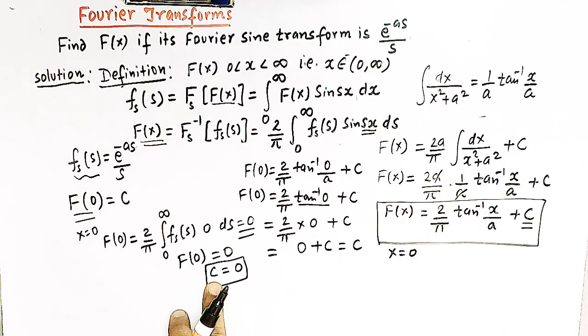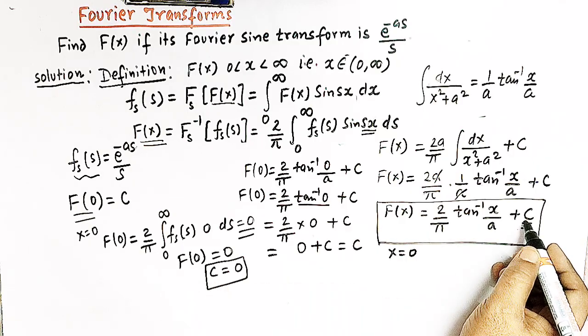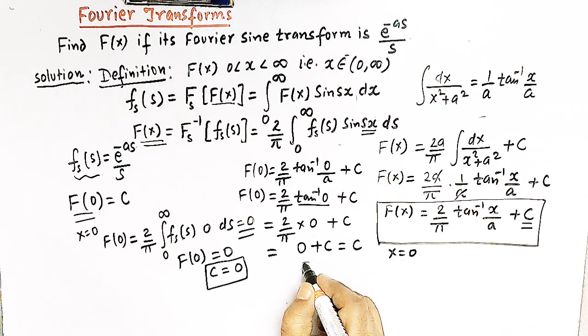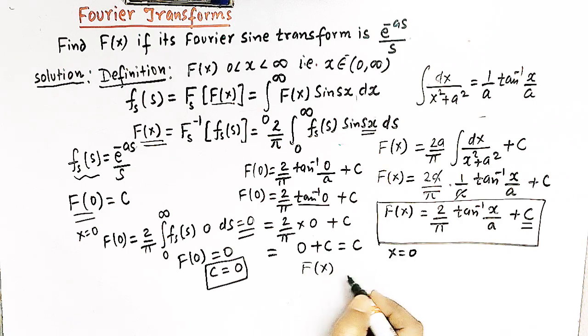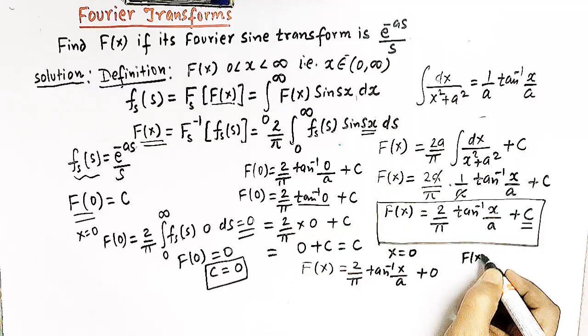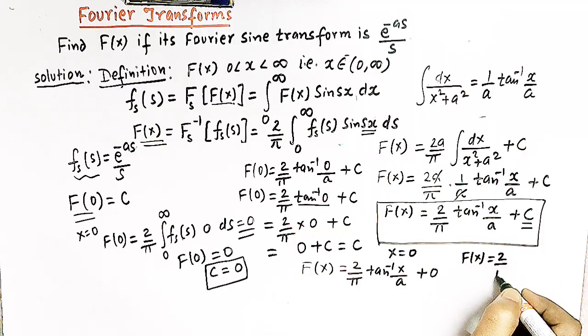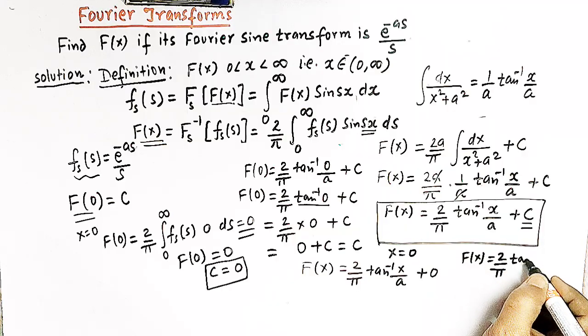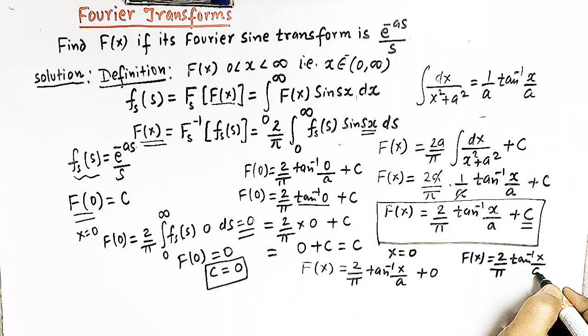So now let us substitute this value of c in this expression. So our function f of x is now equal to 2 over pi tan inverse x over a plus 0. That is f of x is equal to 2 over pi tan inverse x over a.